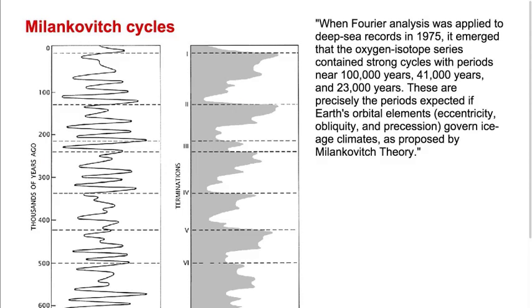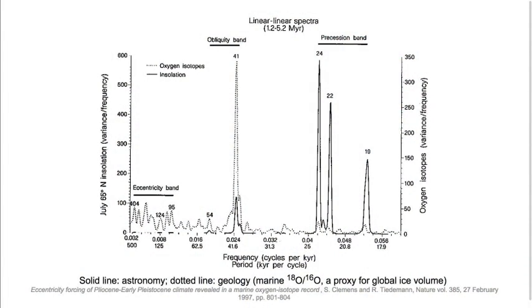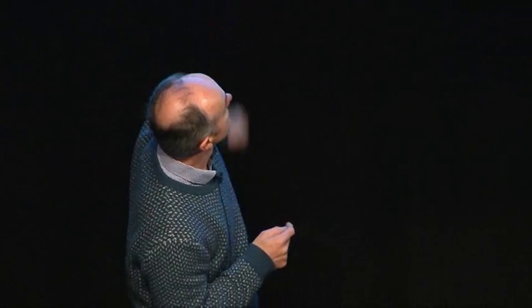There wasn't a clear mechanism because I'd heard about papers where they did Fourier analysis, so they would Fourier analyze data on global ice volume, and then look at the power spectrum and say, oh, look at all those peaks that correspond to orbital frequency. So here's one such paper where they've taken the astronomy in the solid line, so as the orbit of the Earth changes and the axis of the Earth precesses, you can look at what happens to the summer insolation.